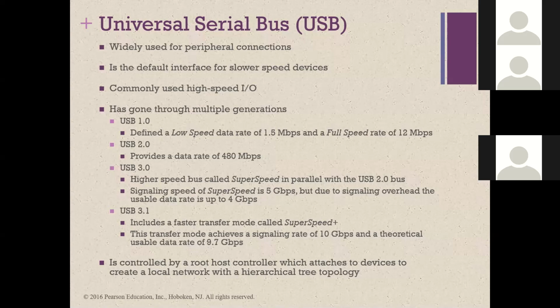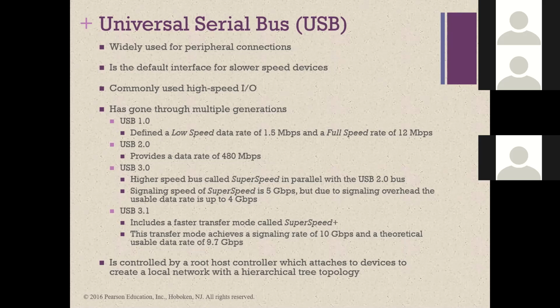It can have signaling speeds of about 5 gigabits per second, but due to some signaling overheads, the actual usable data rate is about 4 gigabits per second. Then we have 3.1, which includes a faster version of the SuperSpeed called SuperSpeed Plus.